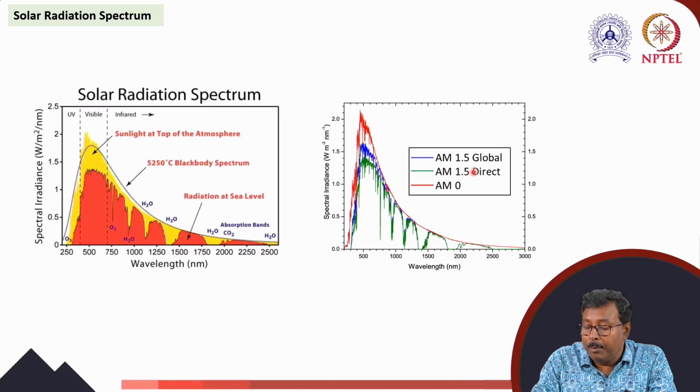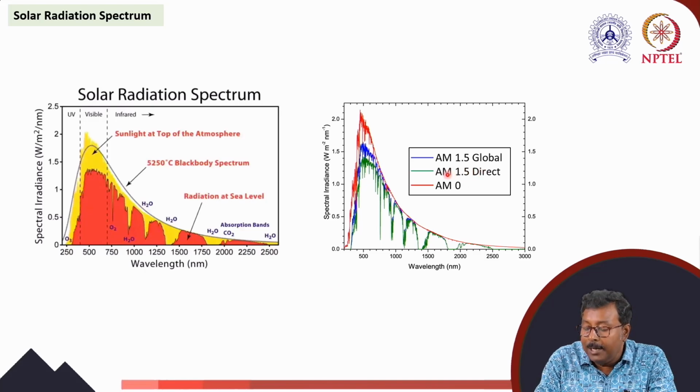And AM 1.5 global, AM 1.5 direct, AM0. AM0 is taken as a reference value actually. Generally we take AM 1.5. The wavelength dependent spectrum of AM 1.5G standard solar radiation is indicated by the blue line, and AM 1.5 direct is green. So direct is less than global, of course, because direct means you are not considering any light which reaches by an indirect path, that is, by scattering from particles in the atmosphere.